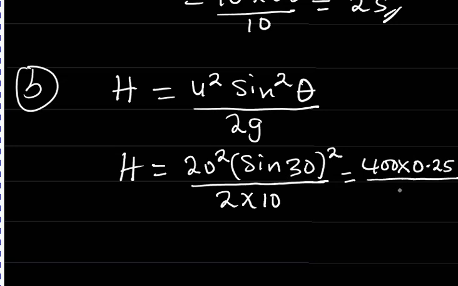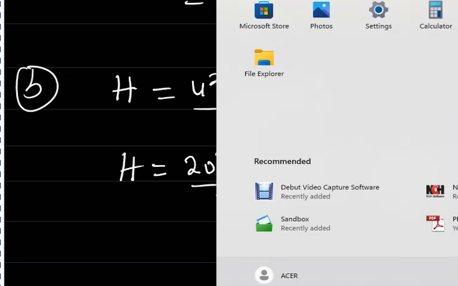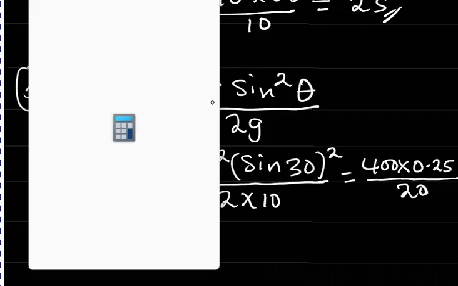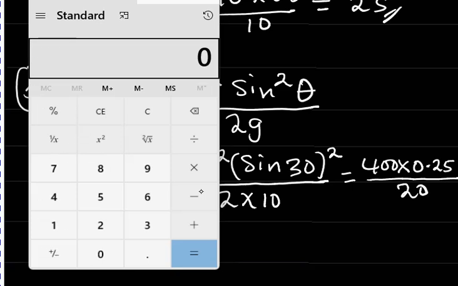Then 2 times 10 is 20. So let's do the multiplication. I'm going to multiply 400 by 0.25, then divide it by 20.